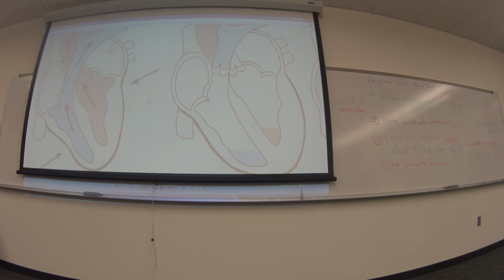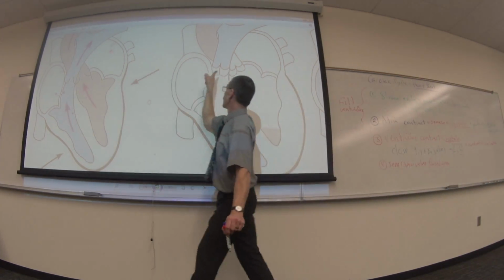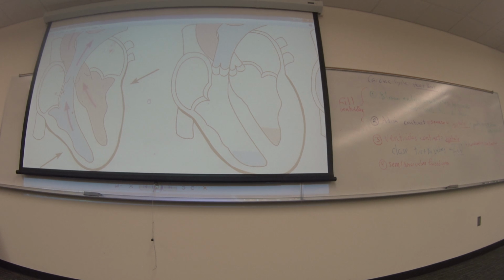Why didn't the blood come back in? Which valves closed? The ones that were just open had to shut to keep the blood out. So what valves are those? The semilunar valves. The semilunar valves have to close.